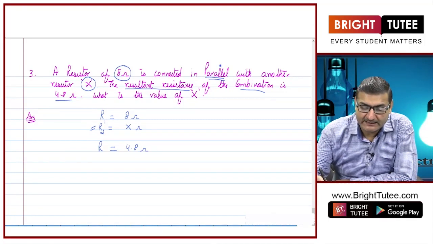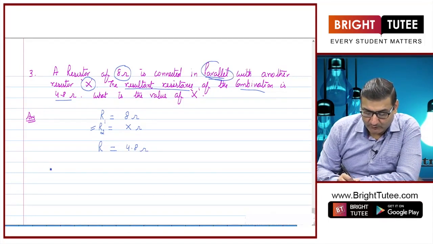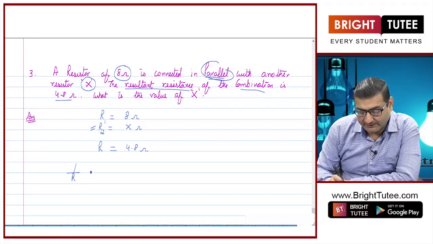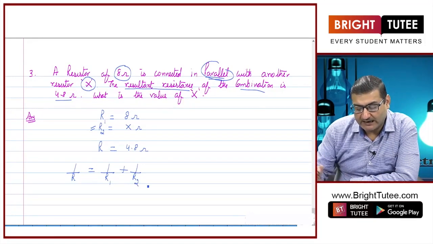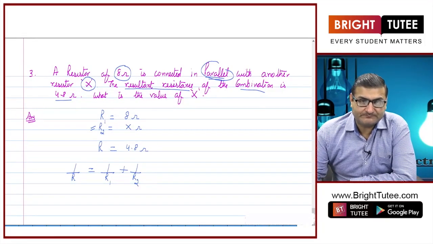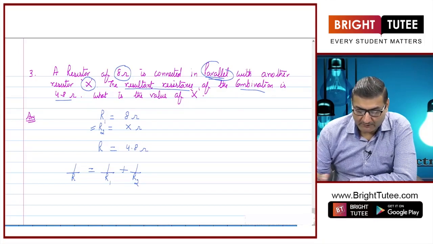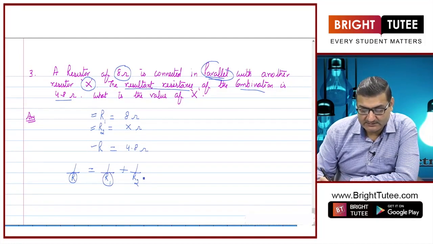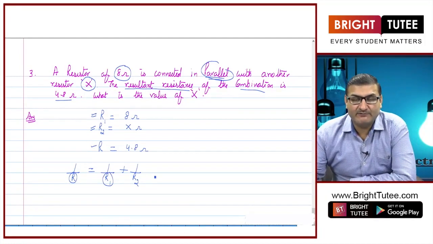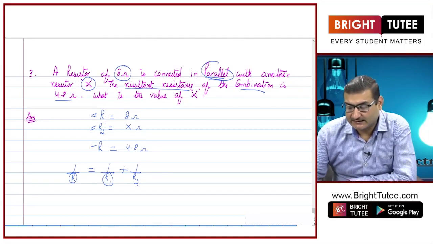Now, since they are connected in parallel, we know that in parallel combination, the total resistance is given by the formula 1 upon R is equal to 1 upon R1 plus 1 upon R2. Got it? Now, in this question, R is given to us, R1, the value of the first resistance is given to us. We can easily find the value of the second resistance. Let us see how.